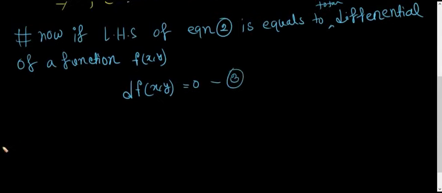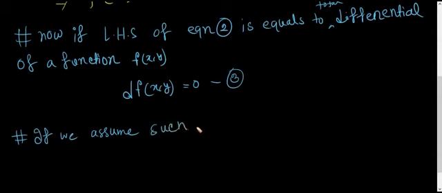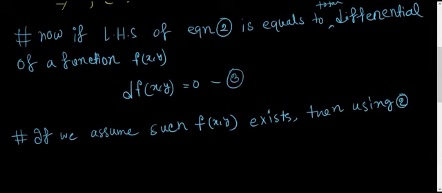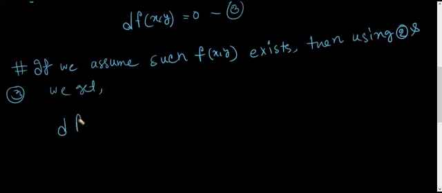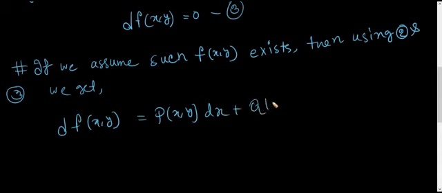So we are demanding, that is our demand, if we assume such f(x,y) exists, then using 2 and 3 we get d of f(x,y) is equals to p(x,y) dx plus q(x,y) dy.